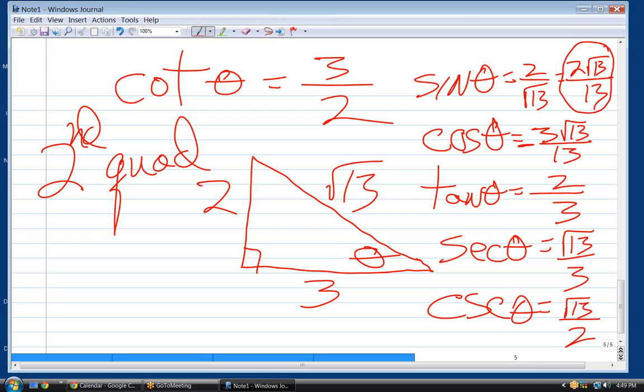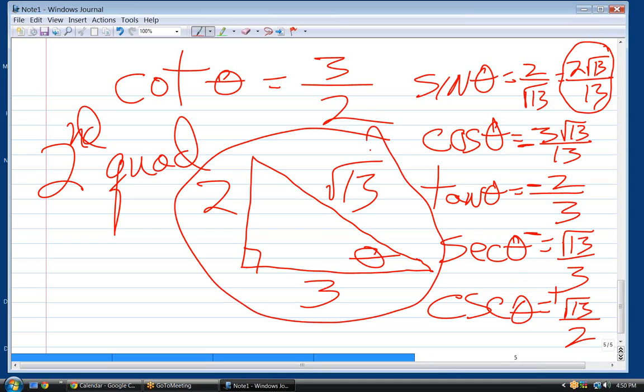This becomes negative. This becomes negative. And this stays positive. So you do the process exactly the same. You still draw a regular triangle and dimension it, come up with a number, and then add the plus or minus sign at the end. Okay.